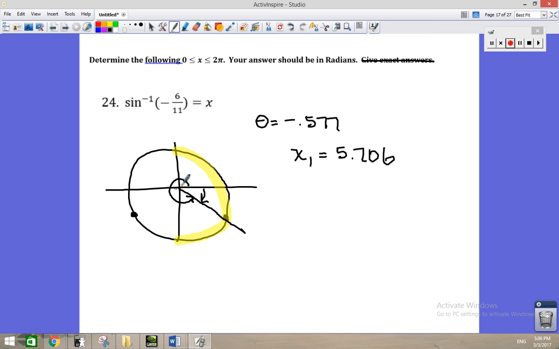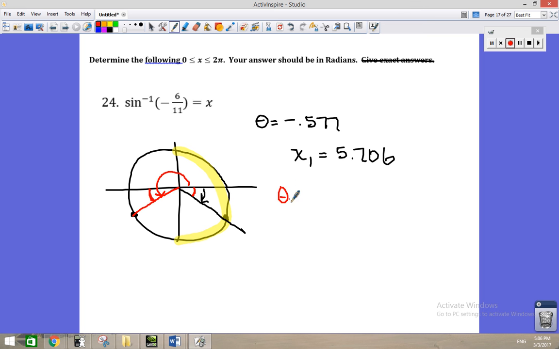So I need to come back and pick that point up. I know that there's an angle in the third quadrant that also has a y-coordinate of -6/11. So I need to use this reference angle right here, which is the same as the reference angle there. And remember, reference angles are positive.